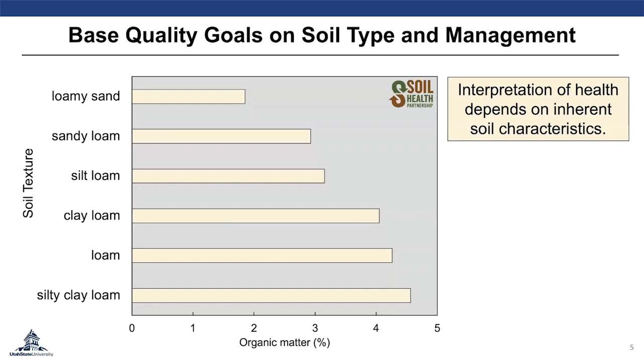So for example, if you want to start improving your soil's organic matter, it's going to depend on the inherent soil properties, such as soil texture. Starting with 2% organic matter in a silty clay loam is going to be a lot different from trying to get to 2% organic matter in a loamy sand. You just may not get there.